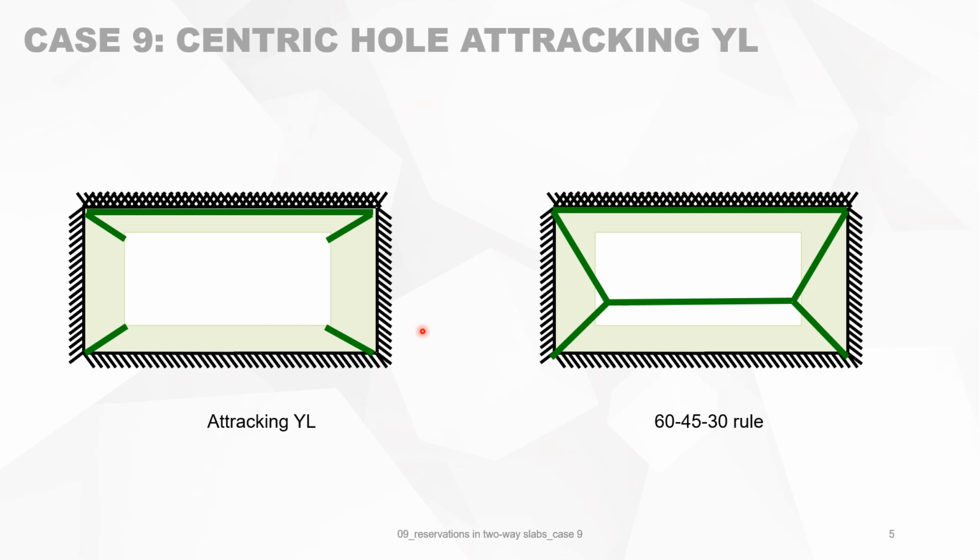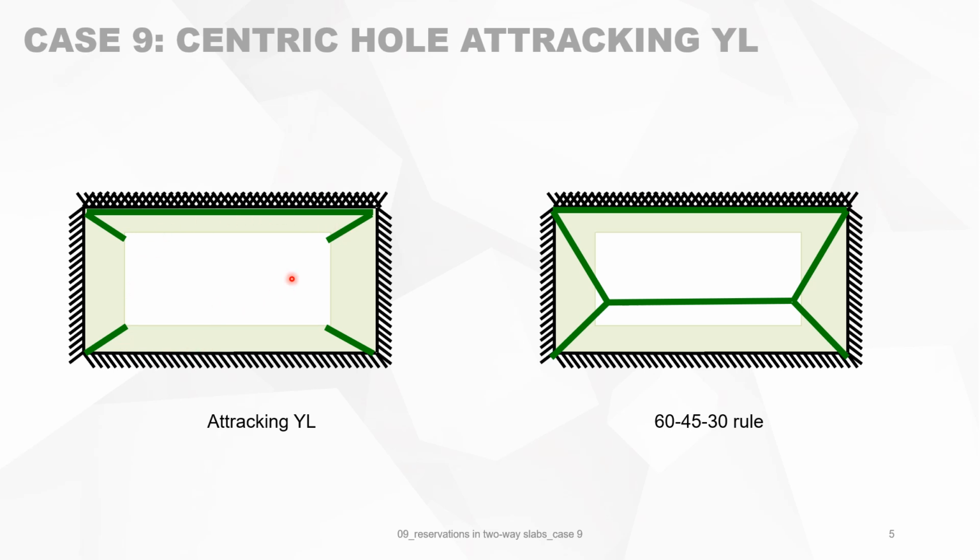So what we can do now is that the corners of the reservation will attract the yield lines. The yield line will go directly from the corner of the reservation to the corner of the slab. So the 60, 30 degree rule does not apply here. It is just straightforward.